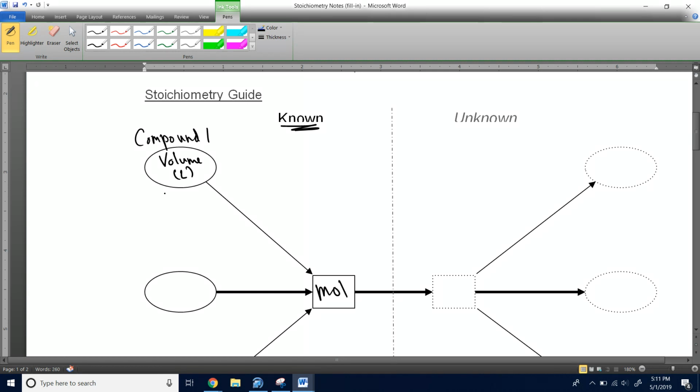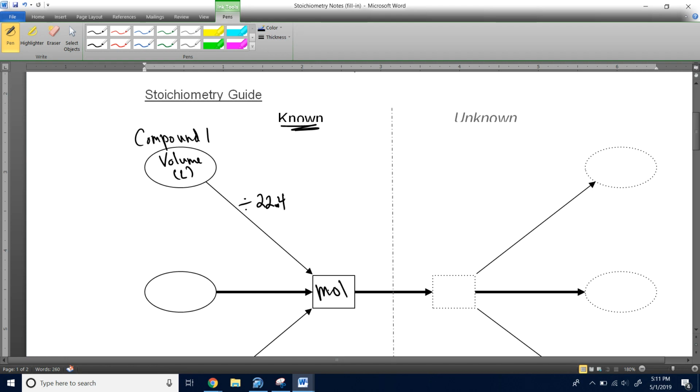In order for us to go from volume to moles, we have to use a conversion factor. That conversion factor will always be 22.4. We're always dividing a given value by 22.4, and when we do this, we get moles.